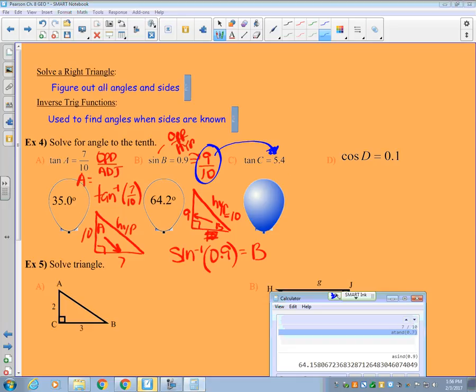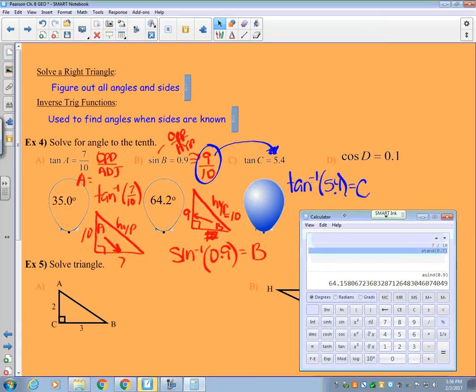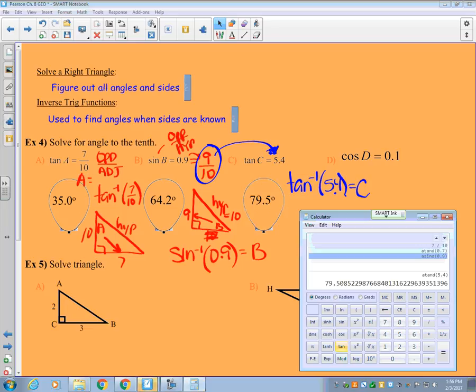So this is going to be tan inverse of 5.4 equals angle C. Pull our calculator up. My calculator wants the number first, inverse tan, and we get 79.5085. I'll round that to the nearest tenth, which is 79.5.